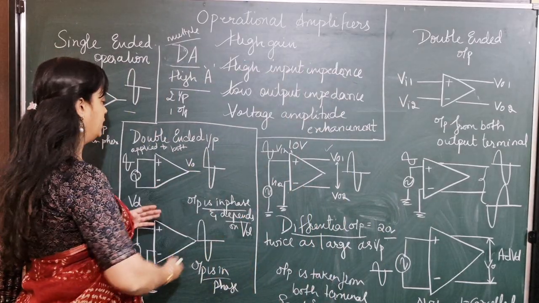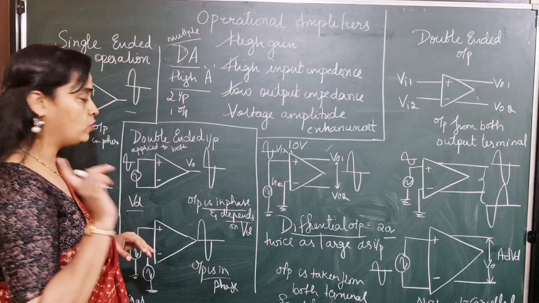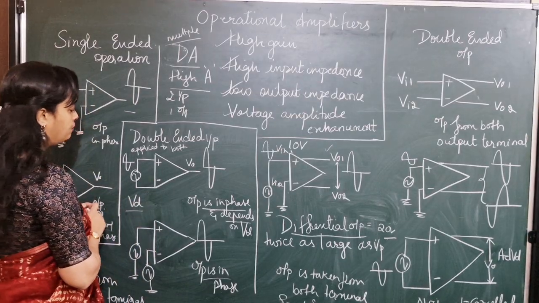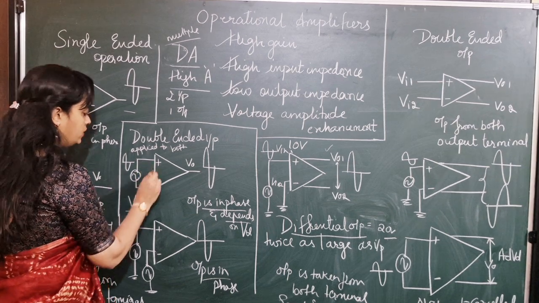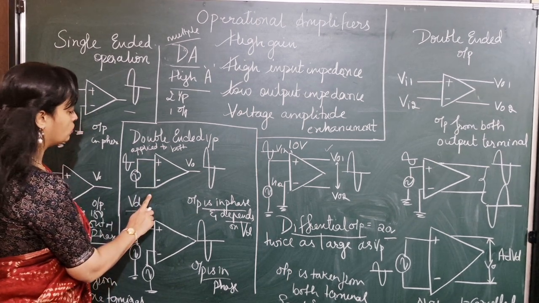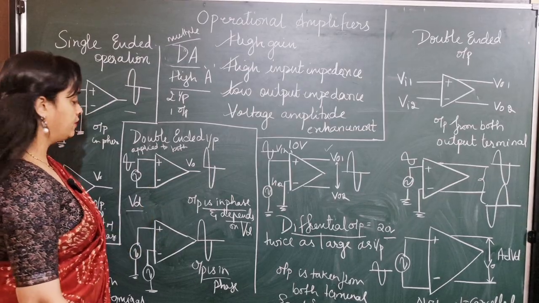Now let's understand double-ended input, where output is only taken from one terminal. If we observe here, the input is applied to both the terminals. So the input applied is nothing but the difference between both inputs, that is VD.